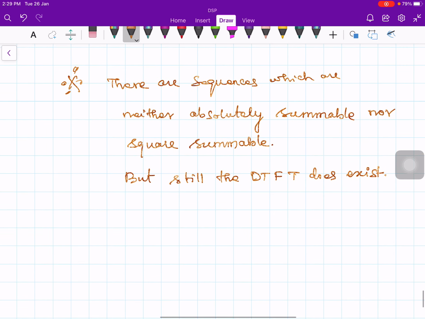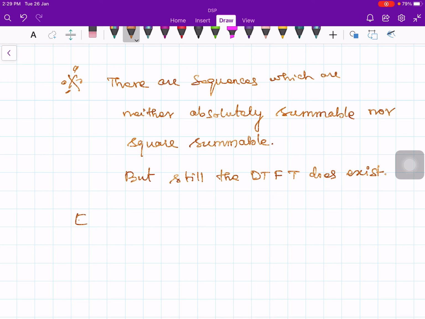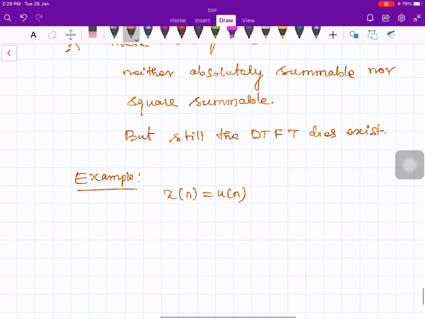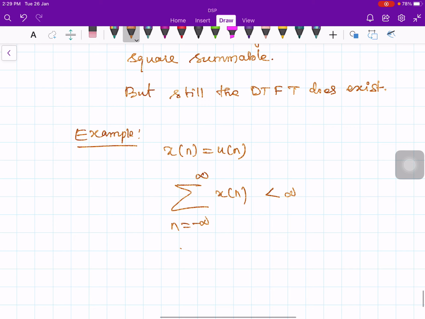Very important point. Now let us take one example for this statement. Let's say x of n is equal to u of n. Now the question is, is it absolutely summable? Absolute summability means the sum of the magnitude of x of n, from n equal to minus infinity to plus infinity, is less than infinity. Substituting u of n, it starts from n equal to 0, so the lower limit is 0 and the upper limit is infinity.